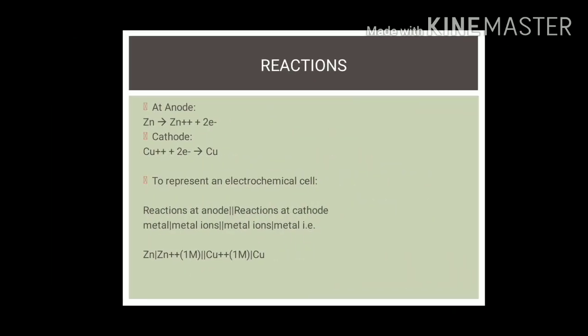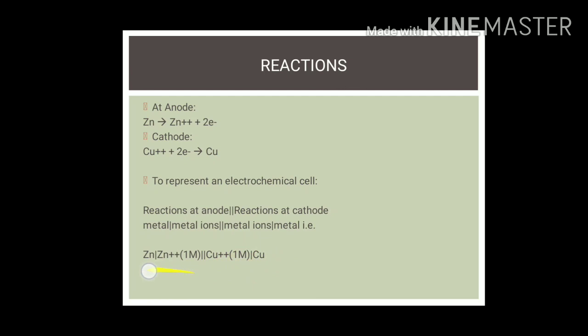Here, zinc metal, then after oxidation it becomes zinc plus plus, and its concentration I have taken as 1 molar. Suppose it is 0.01, then write 0.01 M here. Copper plus plus, if it is 0.1 molar, write 0.1 M, then after reduction it becomes copper.